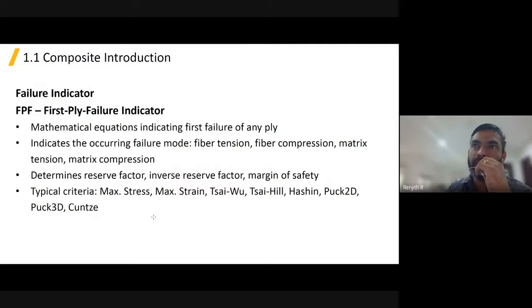If you are using composite material for analysis, you must focus on the output, the principal stresses, and you must adopt some orthotropic failure criteria, such as Tsai-Hill or Hashin 2D, 3D. Only then will you get accurate results. Otherwise, you will end up with erroneous outputs.